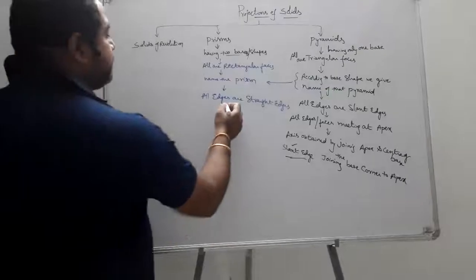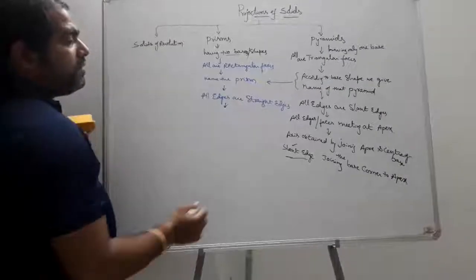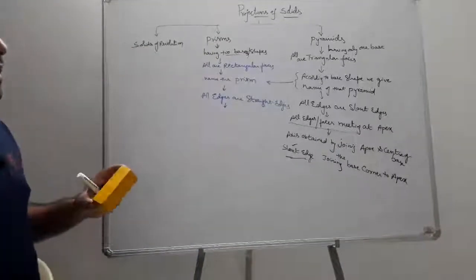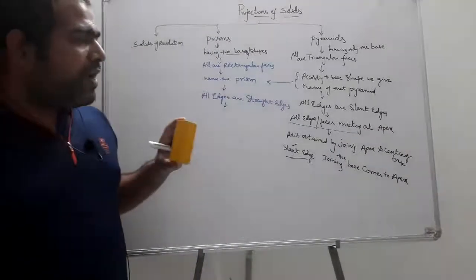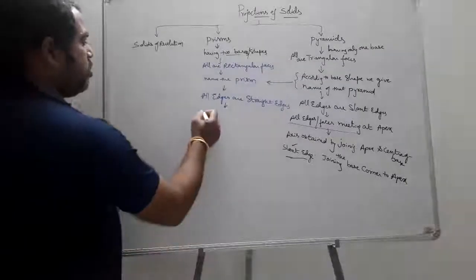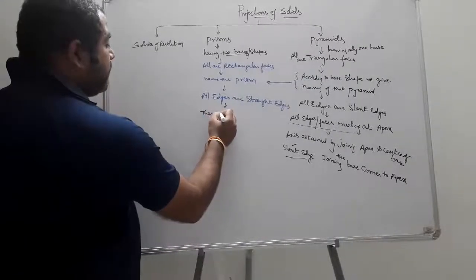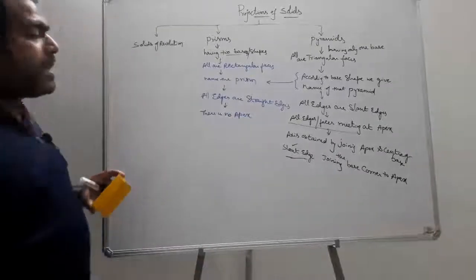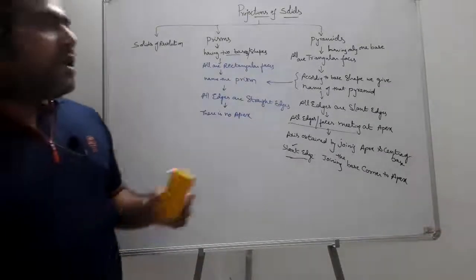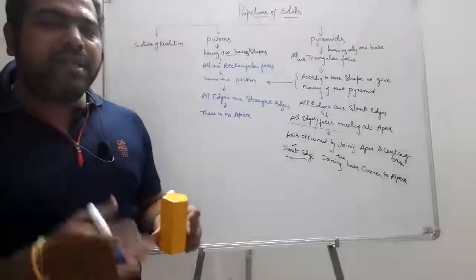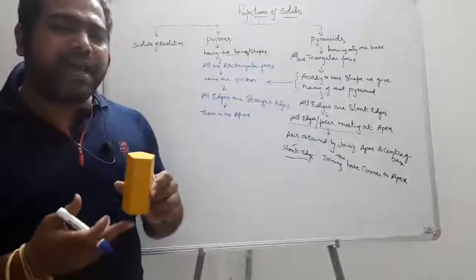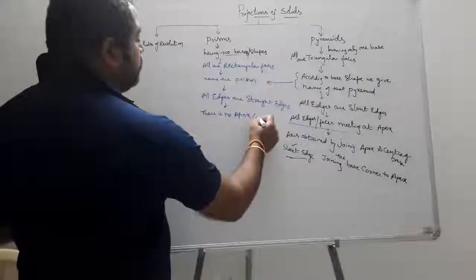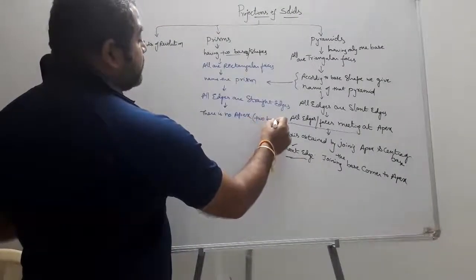Next, in pyramids all edges and faces meet at the apex, but here there is no apex. Why? Because pyramids have only one base and one apex, while here it has two bases.